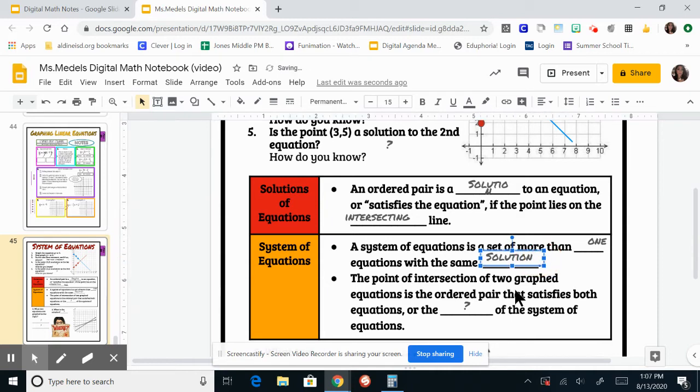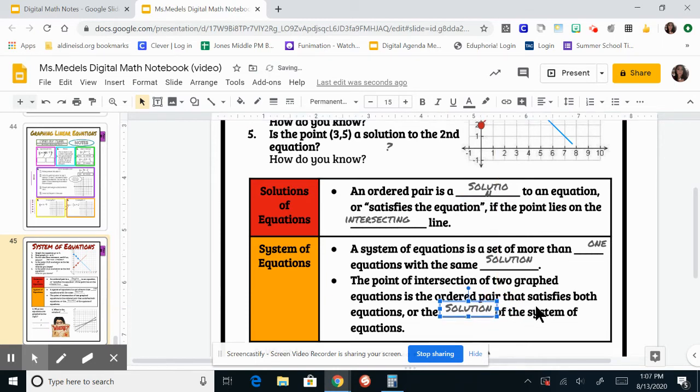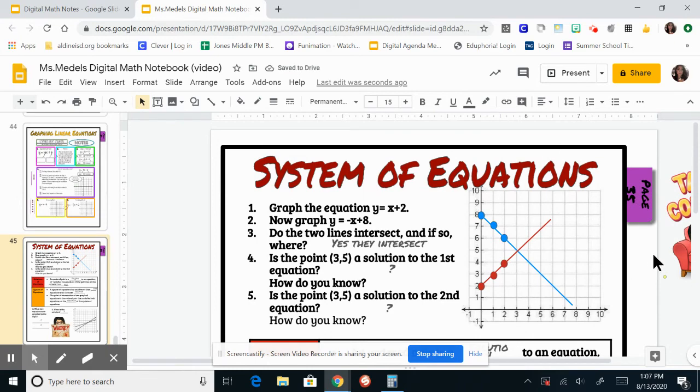The point of intersection of the two graphed equations is the ordered pair that satisfies both equations, or the solution of the equations. Okay. So basically, this is as hard as it's going to get for you graphing.